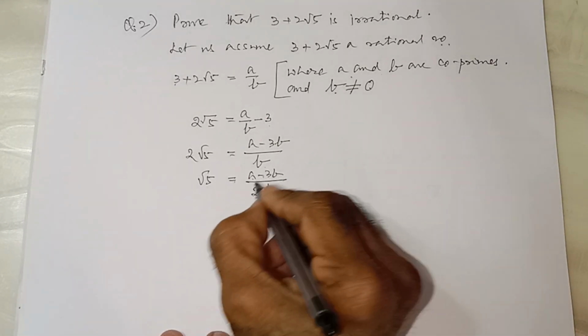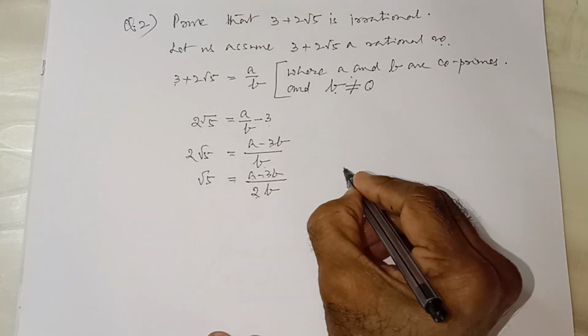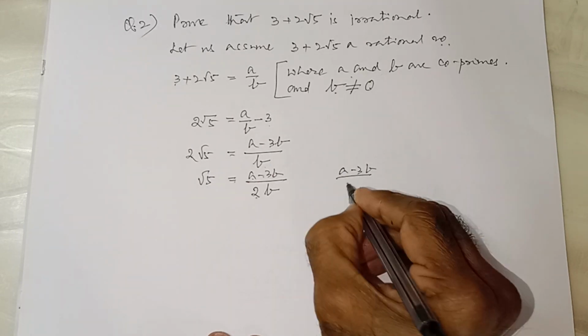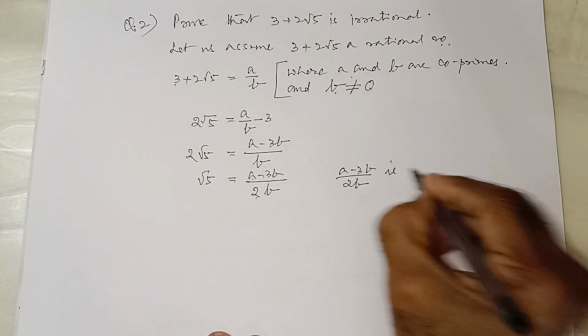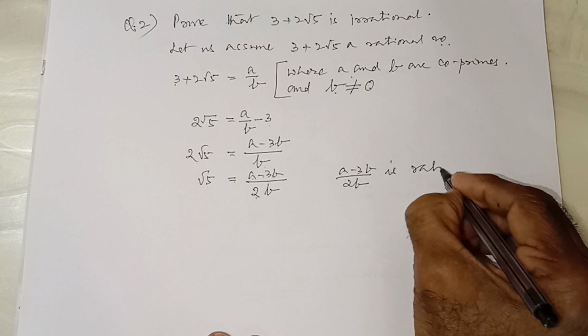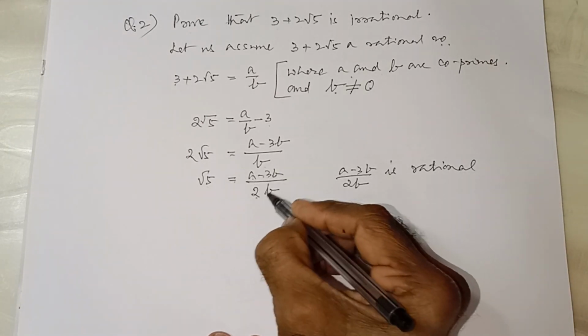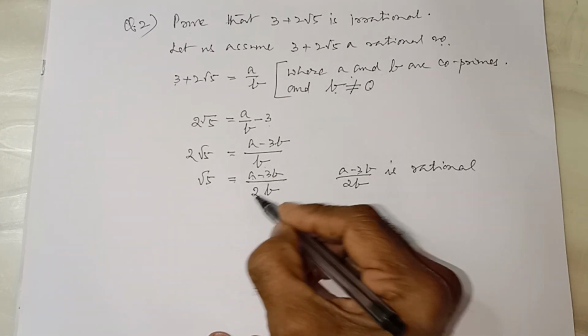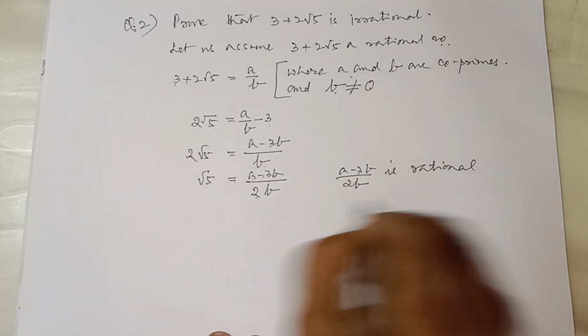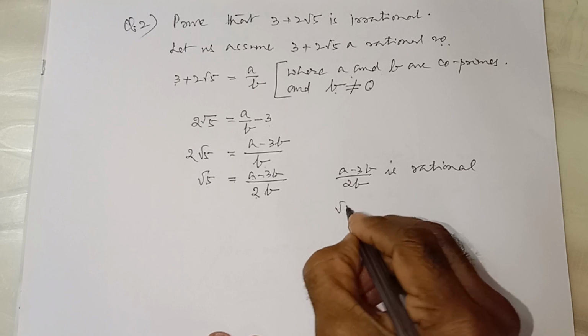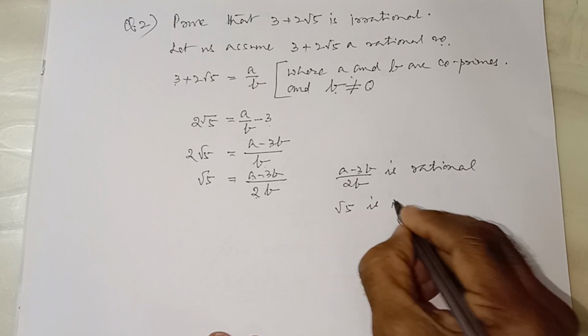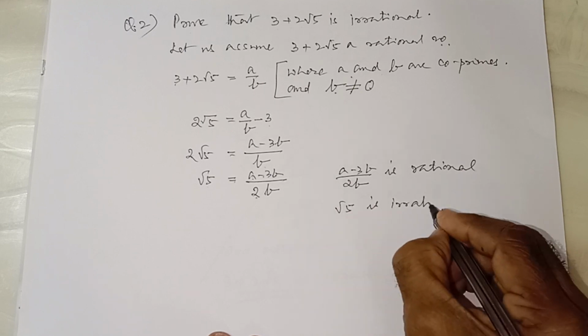Now we know very well that the RHS, that is a minus 3b by 2b, is rational number. It is rational because a and b are integers and 3 too is an integer. Therefore, it is rational. We also know that root 5 is irrational, which we have done right now.